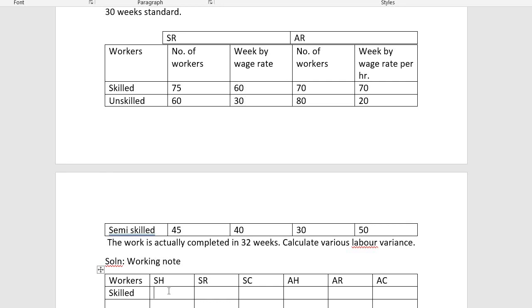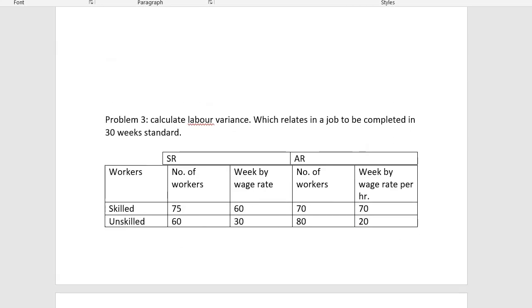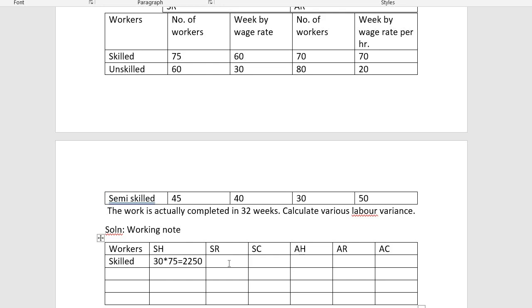For finding out the standard hours, for skilled, 30 is the standard working weeks, multiplied with 75, the number of workers, is equal to 2250 standard hours. The standard rate is 60, so 2250 into 60, the standard cost will be 1,35,000.